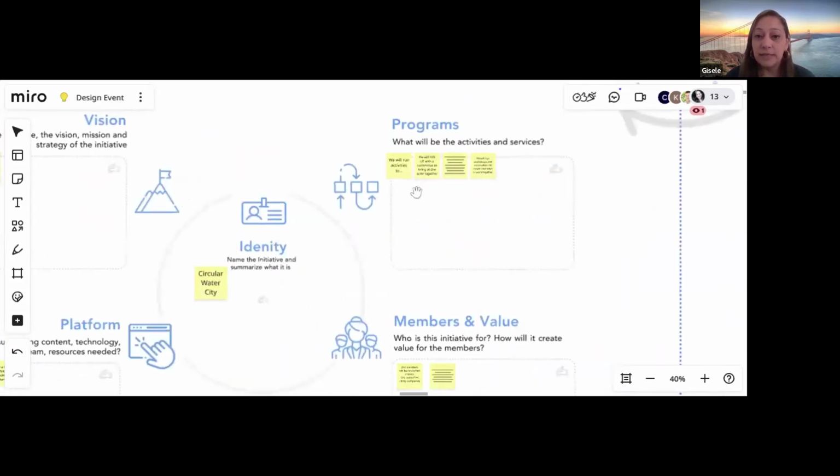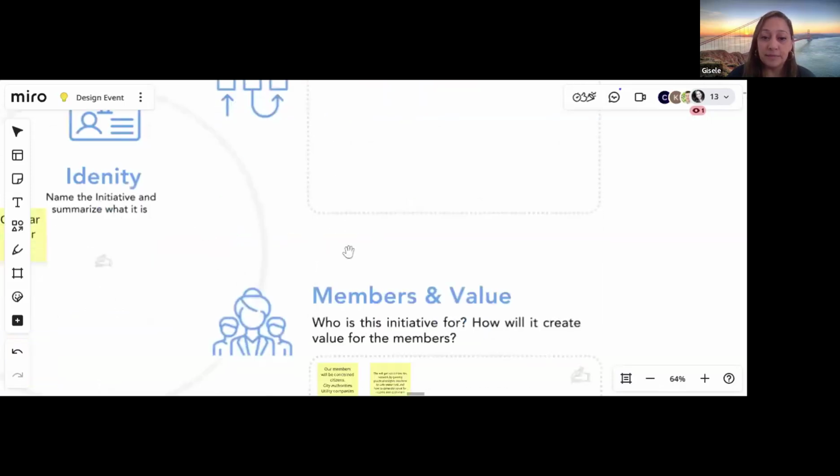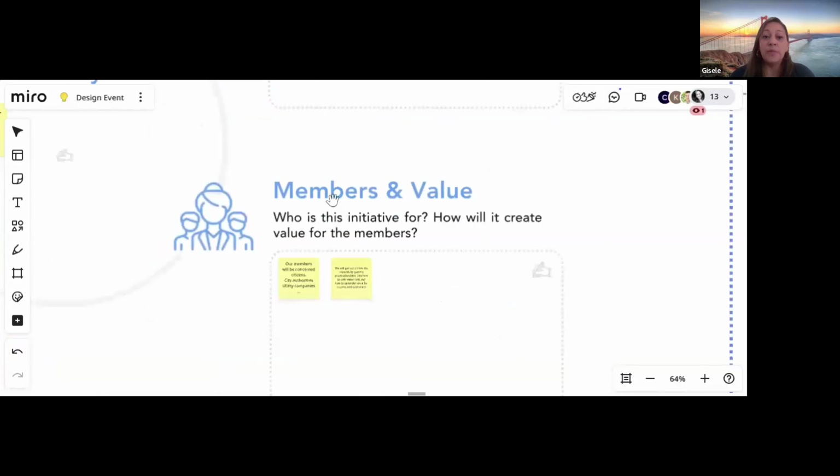The next one is about the programs. Here you have a quick question to help guide us about what kind of activities or services we could develop as a program. The next block is about members and values. So who is this initiative for and how does it create value for the members?